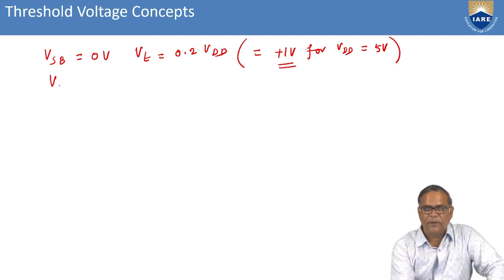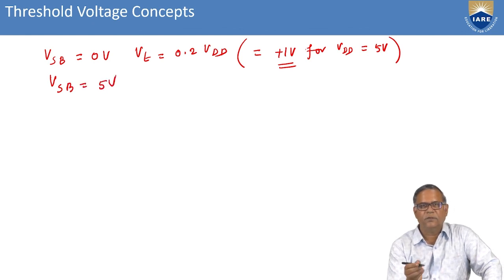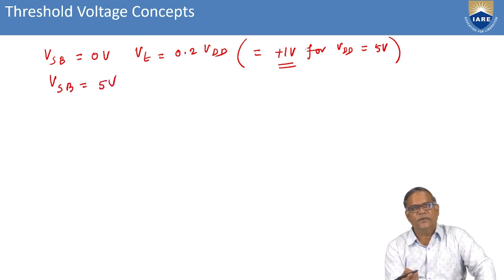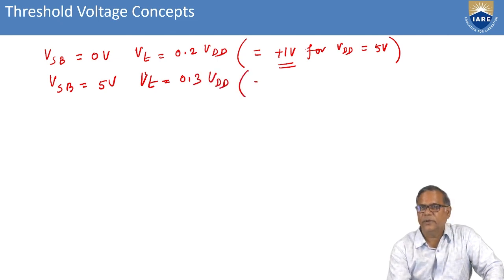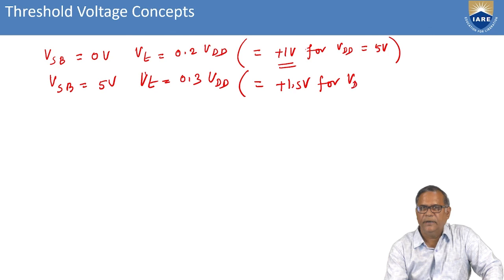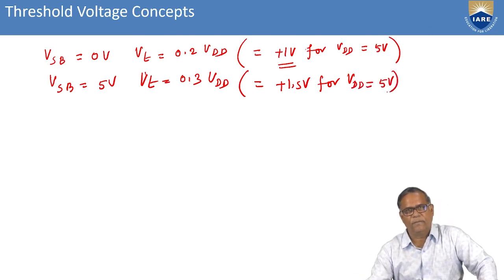And suppose if you apply a substrate bias of 5 volts. So we have discussed that it is going to increase the threshold voltage. In that case, Vt is equal to 0.3 VDD, and that is going to become plus 1.5 volts for VDD equal to 5 volts.